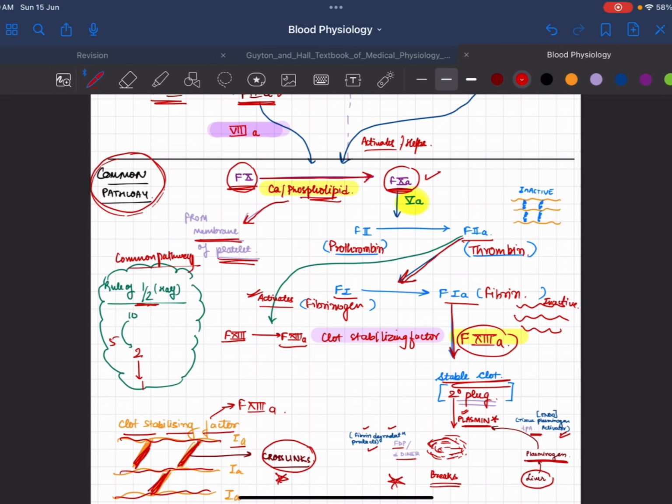Factor 10 in the presence of factor 5 converts 2 into 2a, and then that converts 1 into 1a. Okay, so 10, 5, 2 and 1. This is the order in which they are coming. 10, then 5a, then 2 to 2a, then 1 to 1a. Okay, so we are done with the coagulation pathways.